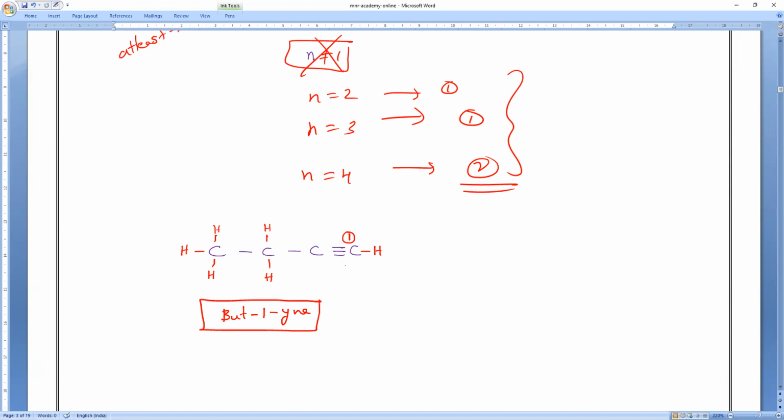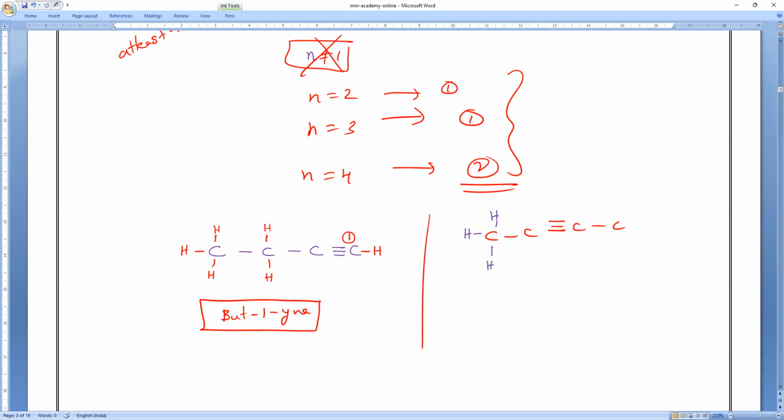Clear? Everybody? Next, put the triple bond on the second carbon. C single bond, triple bond, C single bond C. So balance the number of hydrogens. First carbon, number of hydrogens, 3.